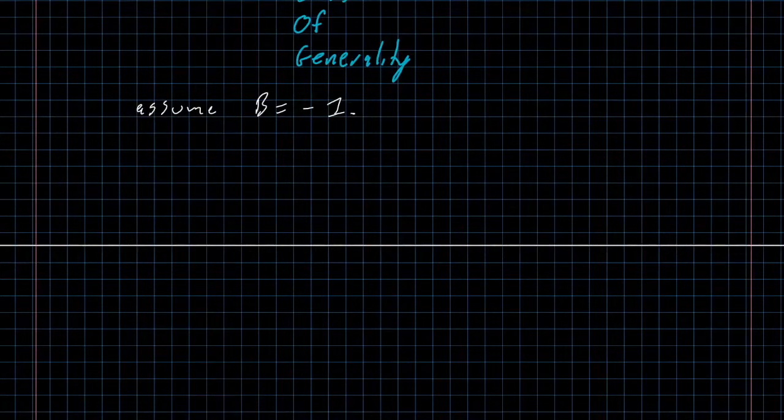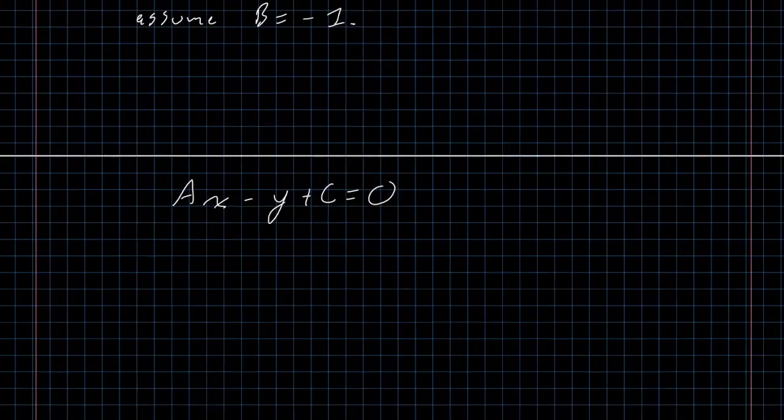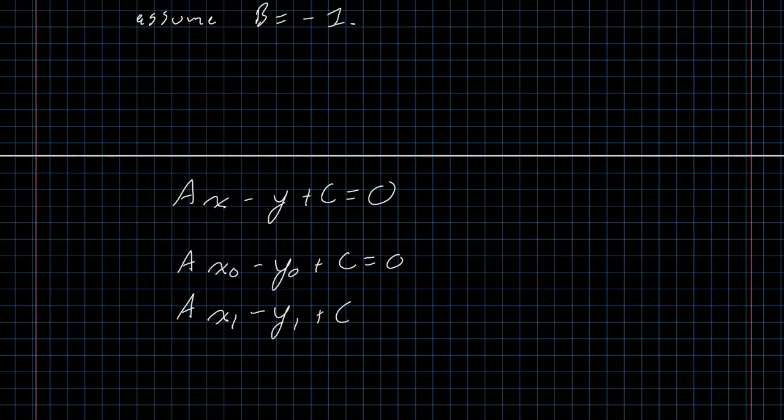Now I can play a substitution game. I have Ax minus y plus C is equal to 0, and I have the ability to substitute in my 2 known solutions.